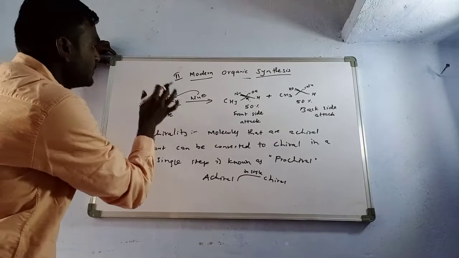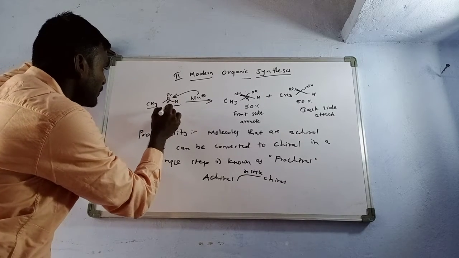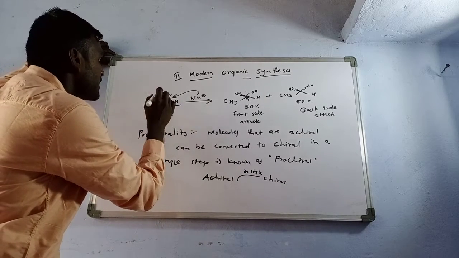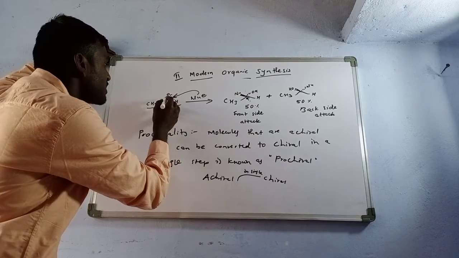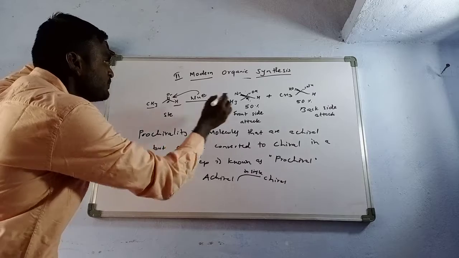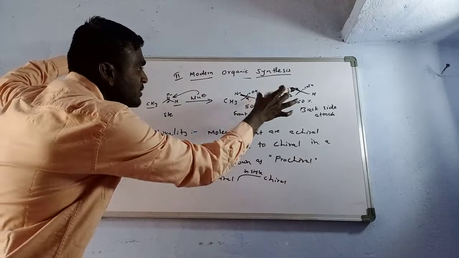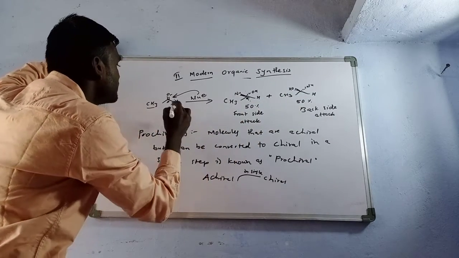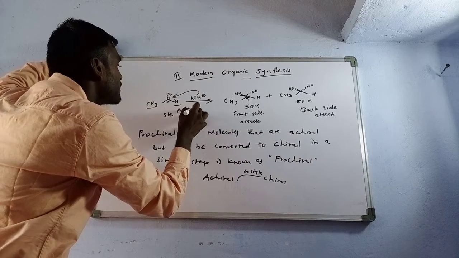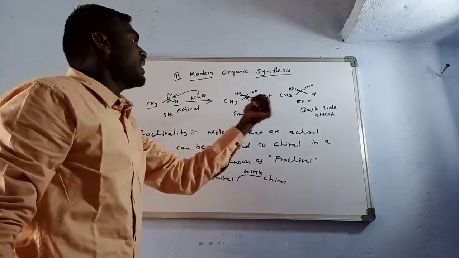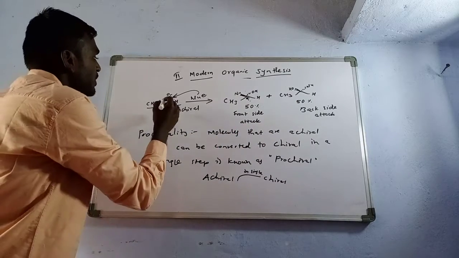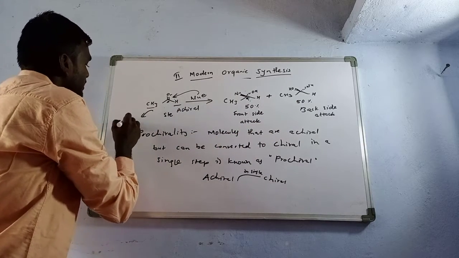This molecule is a prochiral molecule. Why? Because by the nucleophile attacking the carbonyl, it becomes a chiral molecule. By a single step, it will be converted into a chiral molecule. So this molecule is known as a prochiral molecule.